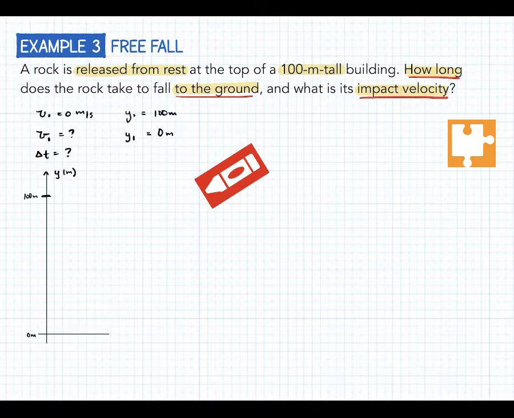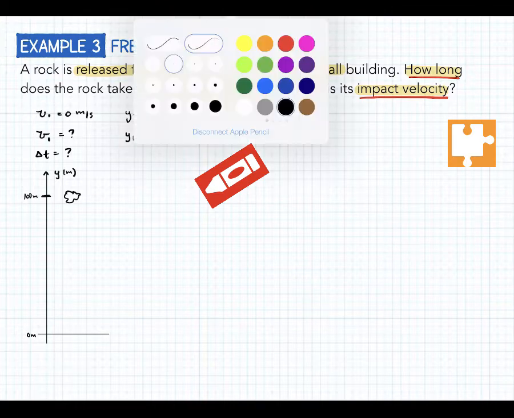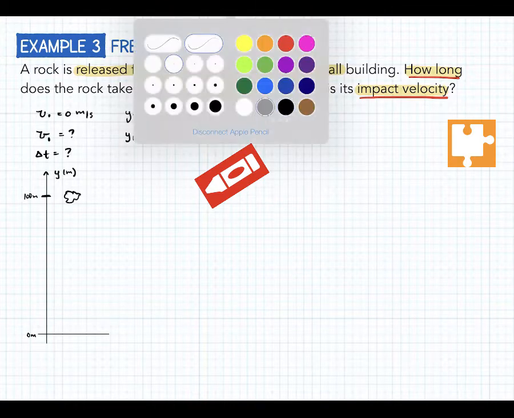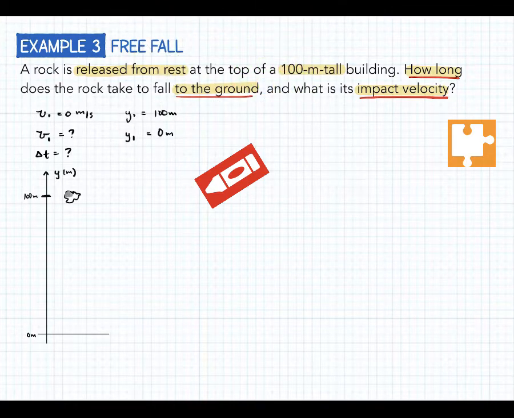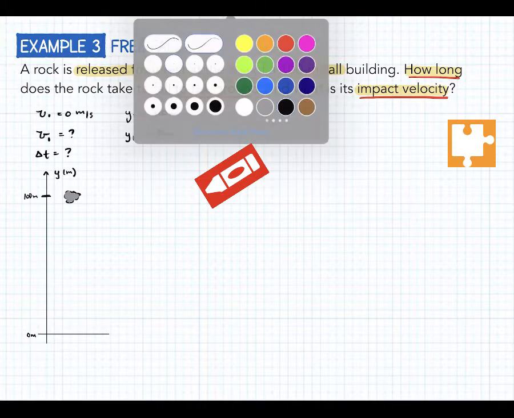So this is 0 meters. So if we draw our little rock, let's say this is our rock, and I'll color it in.